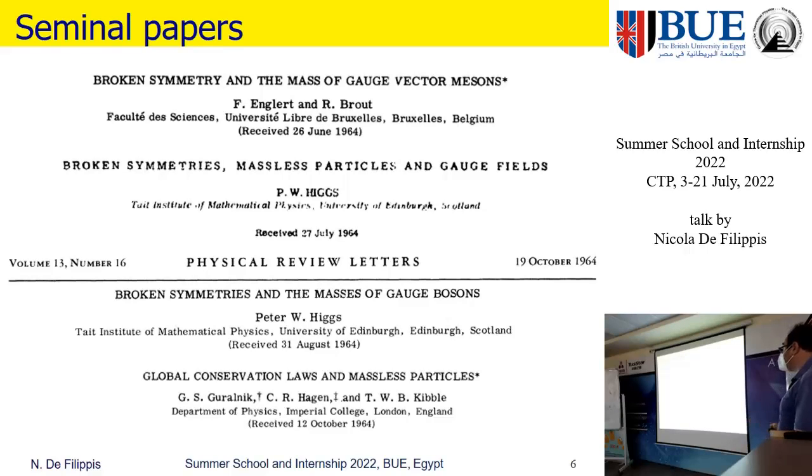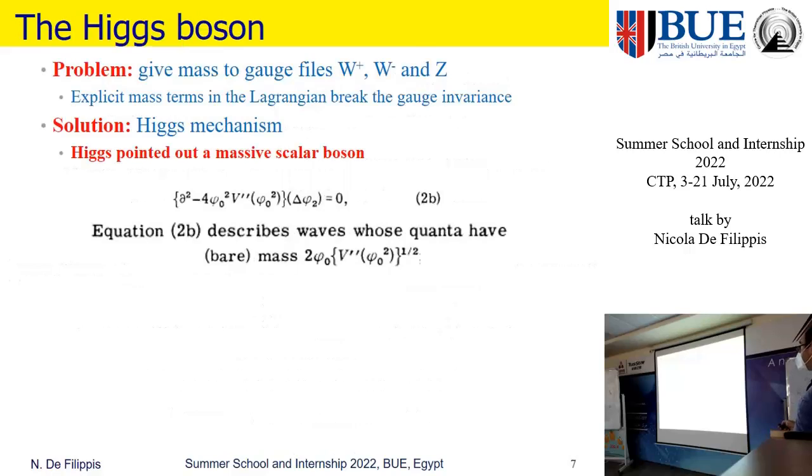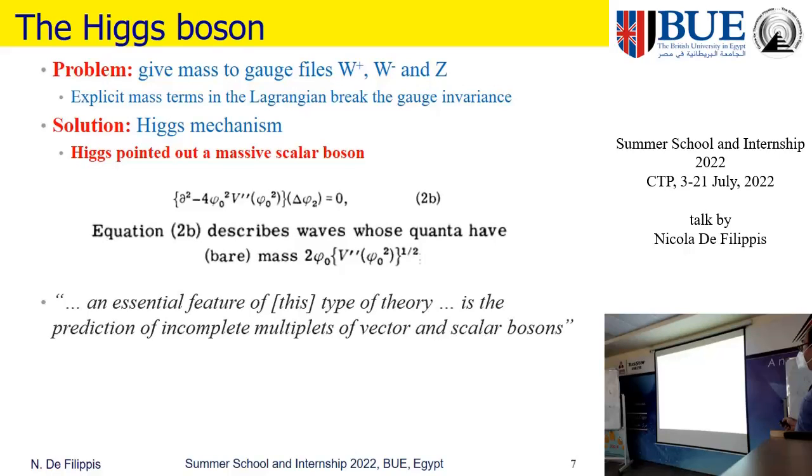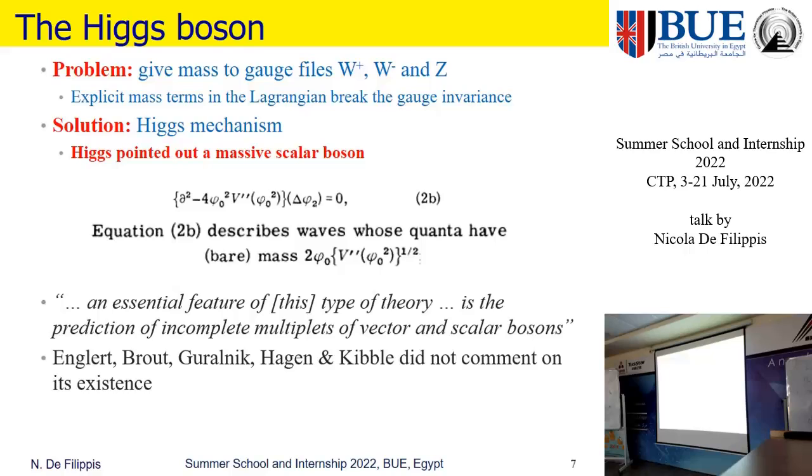Those are the original articles, and it was just Peter Higgs that pointed out the existence of a scalar mass to solve the problem of the gauge invariance of the theory, to preserve it through the spontaneous symmetry breaking. And Englert, Brout, Guralnik, Hagen, and Kibble didn't comment on the existence of this particle.